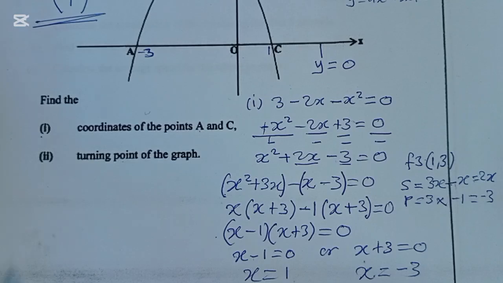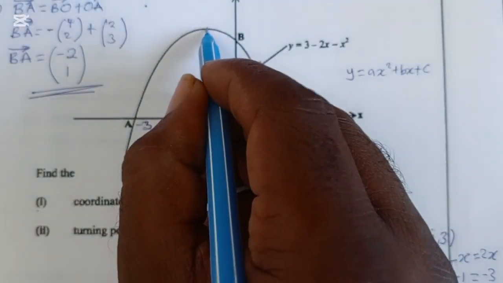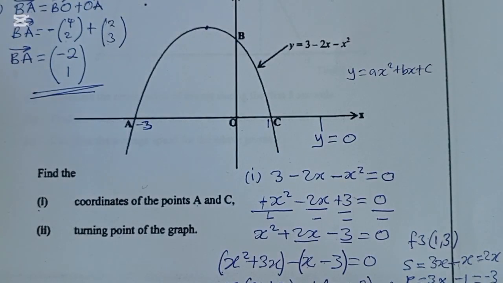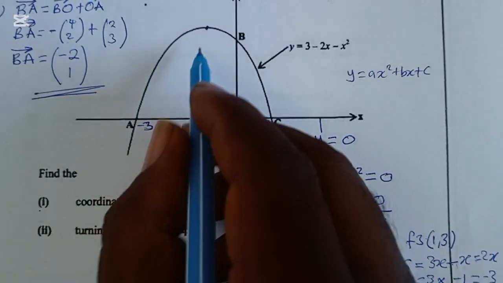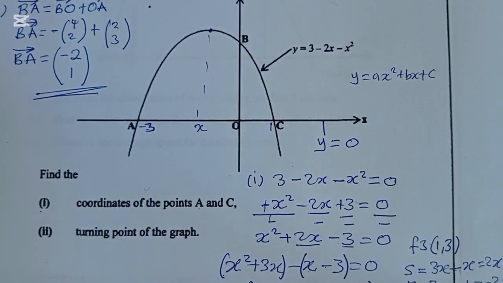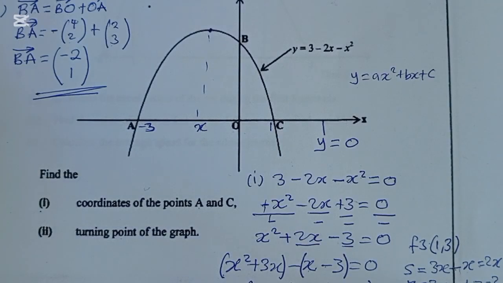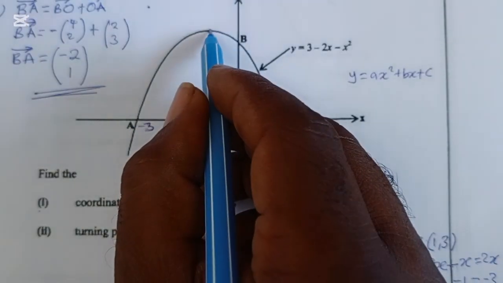Part 2. Find the turning point of the graph. So this is the turning point. So the coordinate of the turning point, I need the value of x, and I also need the value of y.